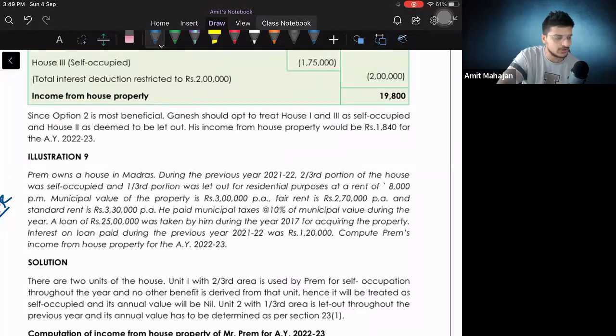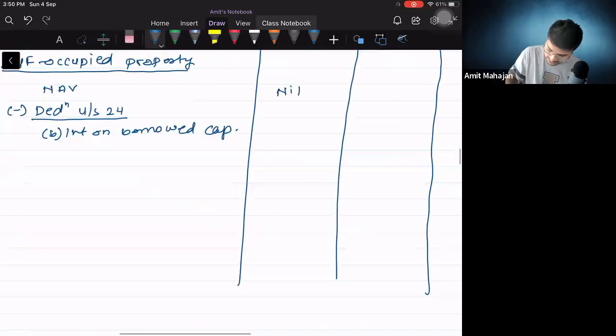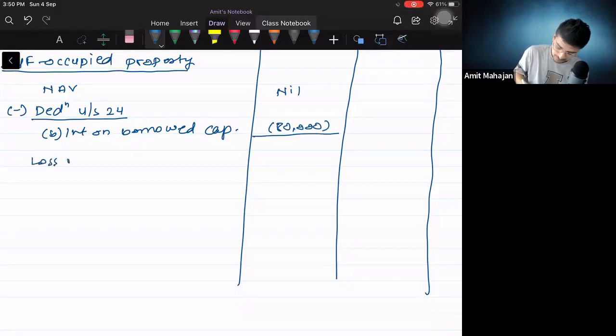So 1,20,000 का 2/3 comes to 80,000 rupees, right? So I will take a deduction of 80,000 here. So it will be loss from house property.